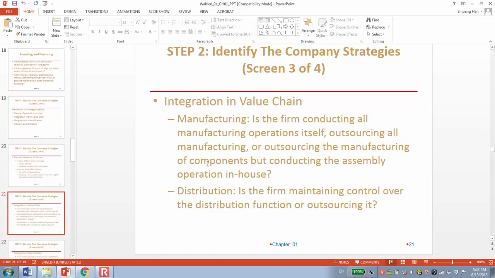The second one is integration of value chain. For the manufacturer, some companies can outsource their manufacturing. For example, Apple. Apple actually does not produce a single iPhone or iPad.